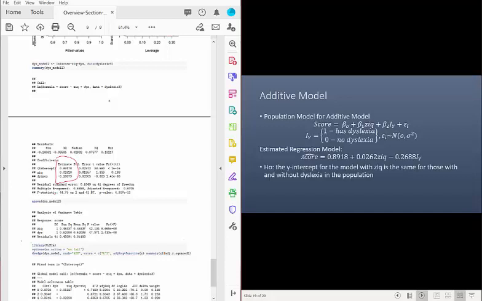For this, we'll test that the y-intercept for the model with ZIQ is the same for those with and without dyslexia in the population versus the alternative, that the y-intercept for the model is not the same for those with and without dyslexia in the population.